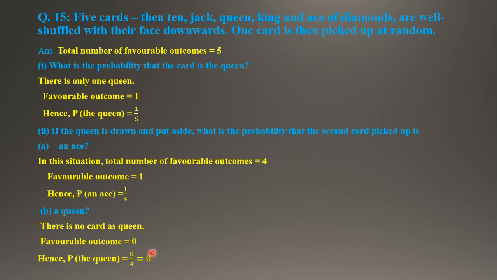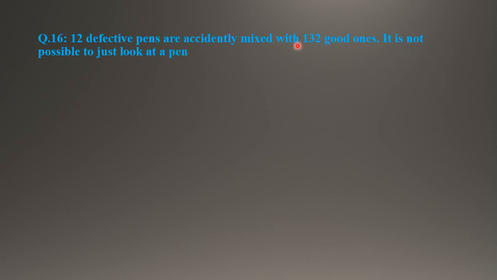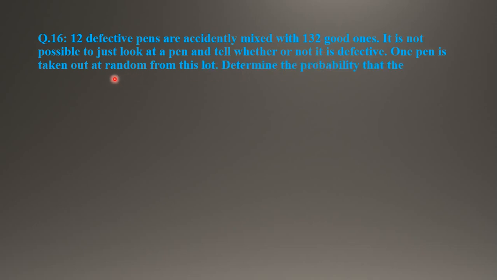Now question number 16. 12 defective pens are accidentally mixed with 132 good pens. Clear? Therefore, total pens 132 plus 12, 144. It is not possible to just look at a pen and tell whether or not it is defective. इतना possible नहीं है कि देख के हम बता सके वो defective है नहीं है. One pen is taken out at random from this lot.